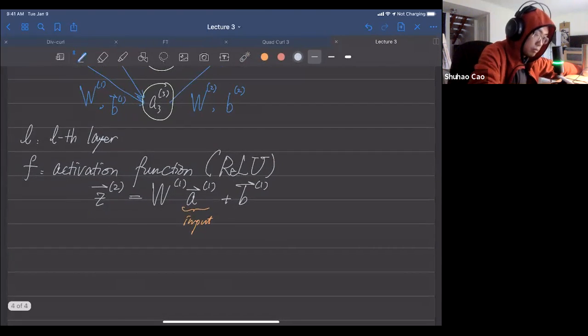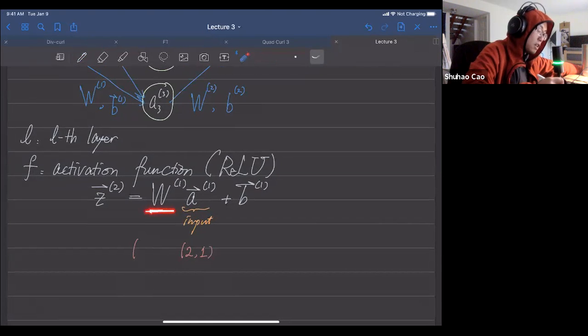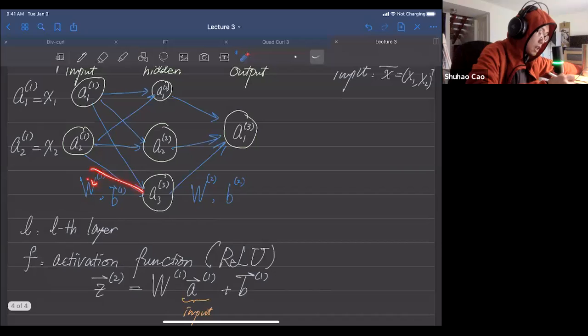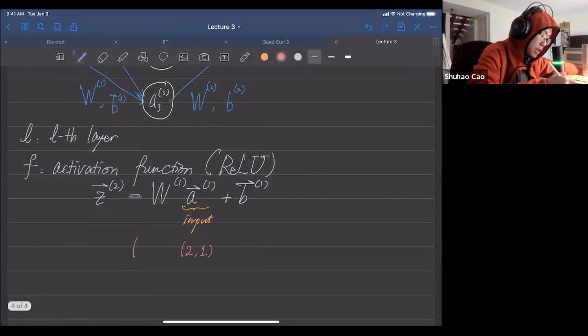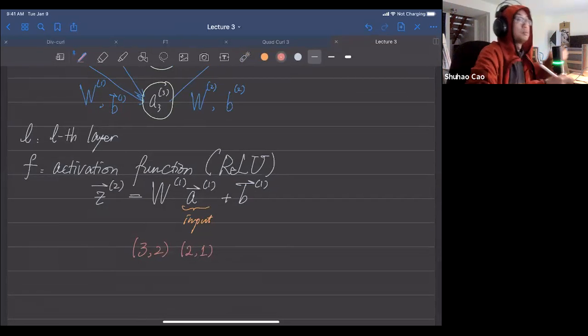Let's track the dimension. The input is a column vector, a 2 by 1 vector. The weight matrix from the first layer to the second layer transforms a vector from 2 by 1 to 3 by 1, so this matrix should be of size 3 by 2.